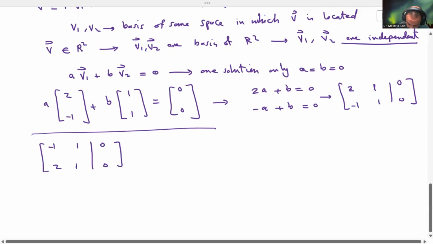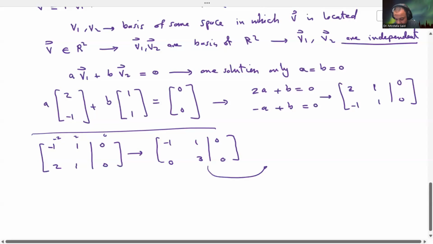Multiply the first row by 2 and add. So -1, 1, 0 will remain the same, the first row, but the second row will be 0, minus 2 plus 2 equal to 0, 2 plus 1 will be 3, 0 plus 0 is equal to 0. What does that mean here? That 3b equal to 0. That means that b has to be equal to 0 to make the system consistent.